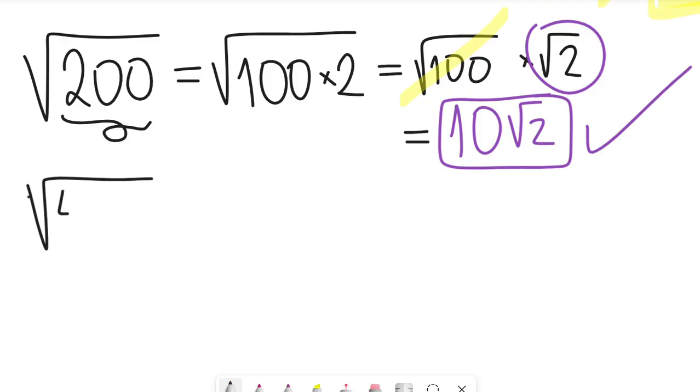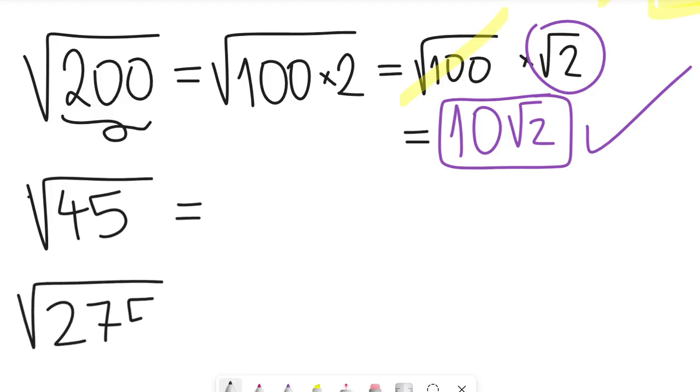What if we have, for example, square root of 45 or square root of 275? Okay, let's do 45 first. Give me two numbers that multiplied will give me 45. Some students will try 15 and 3. Yeah, but do you know square root of 15? No. Do you know square root of 3?